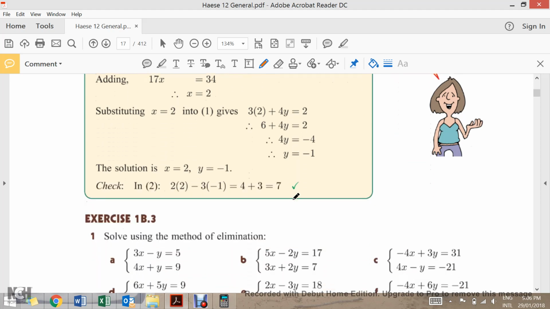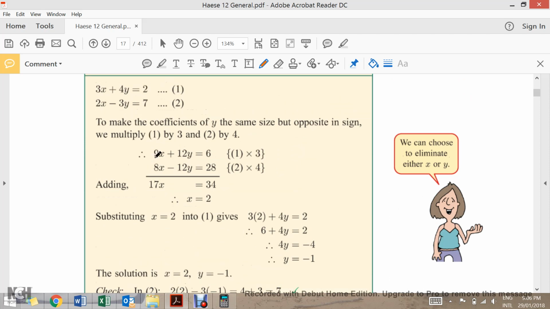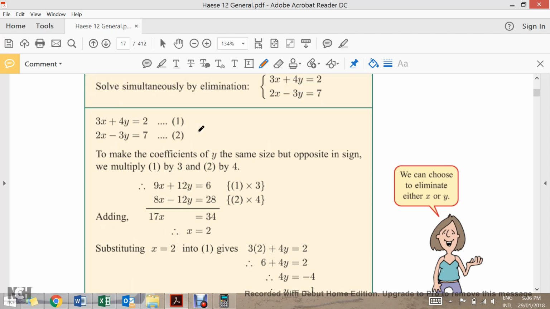And that's it there. Another thing to note is that you don't just have to add these equations together. You could decide to take these equations away. For example, I could have easily times this entire first equation by 2, this entire second equation by 3, then I'd end up with a 6x out the front here and a 6x out the front here.